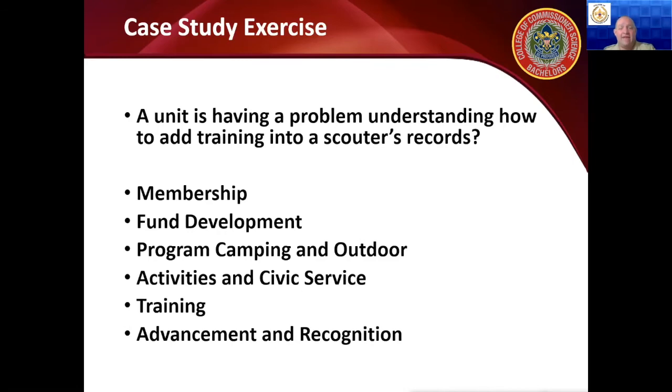So they would have the actual information on where to go to add that training record back in. The unit commissioners actually have access to that too. Yep, I just found that out yesterday. So that's something we can also do, is enter that information in if it's available.